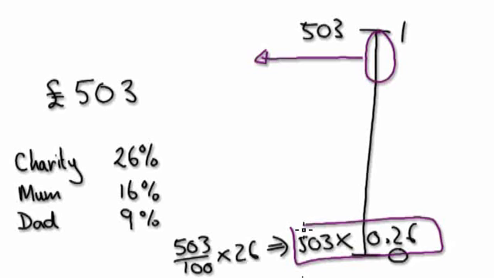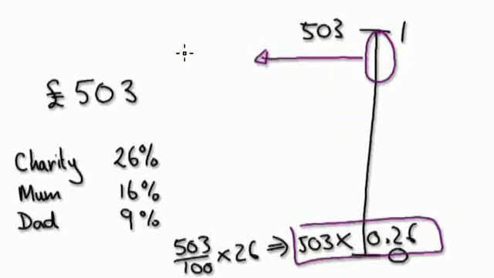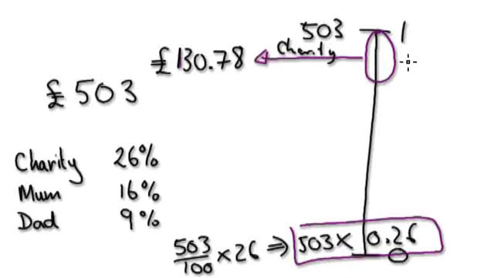Just trust me for the time being. 503 times 0.26 equals 130.78. So this is the amount that goes to charity.